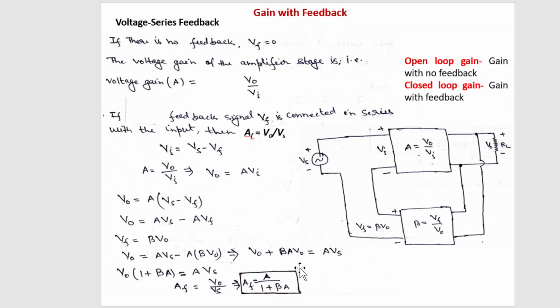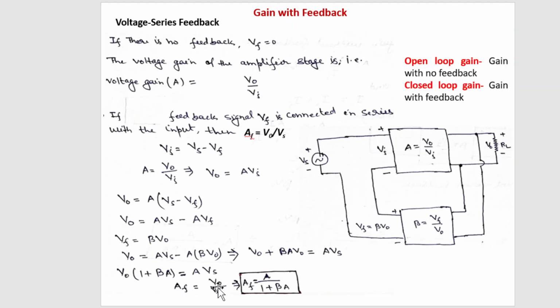So A V naught plus beta A V naught is equal to A into Vs. Taking V naught as common, V naught into (1 plus beta A) is equal to A into Vs. In order to find AF, the gain with feedback, which is the output voltage divided by the source voltage, V naught divided by Vs, is equal to AF.